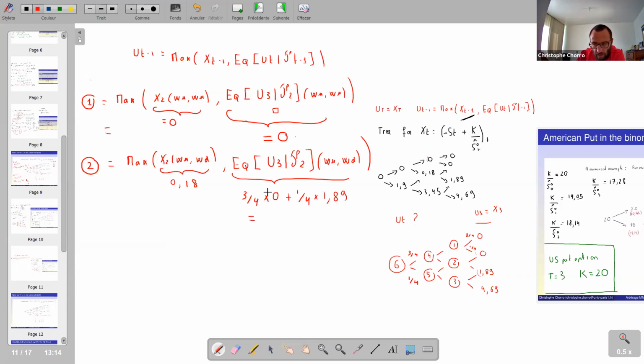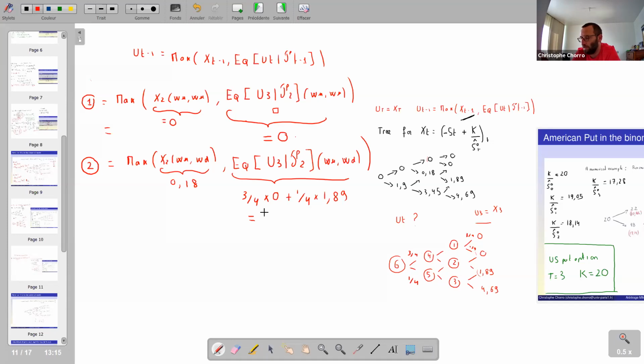This quantity is equal to, so I have WUWD, so it's what I have done here. So 0.18, and this one. I just want to be sure that it copes with what I have done in my lecture notes.